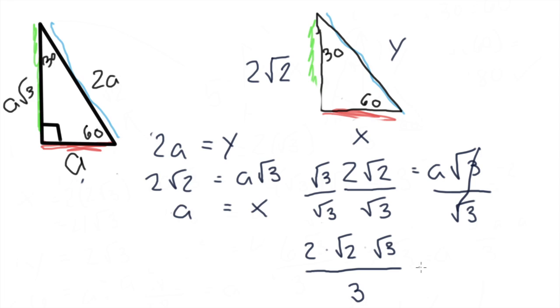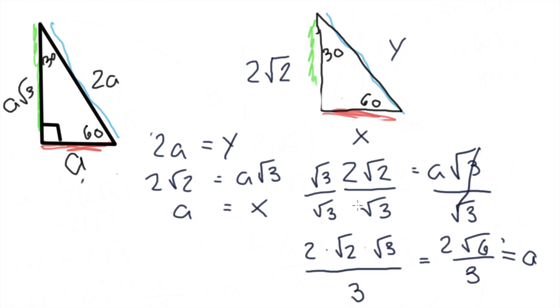Now, when we're multiplying square roots, what you can do is multiply the insides of the square roots. So this would turn into 2 times the square root of 2 times 3, which is 6, over 3. So we get that a is equal to 2 square root of 6 over 3.